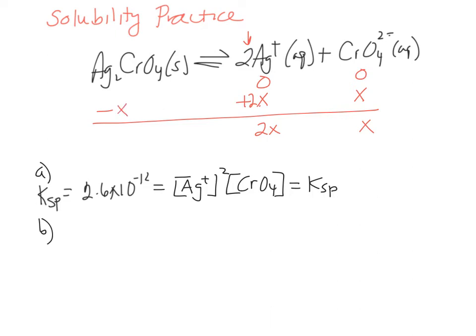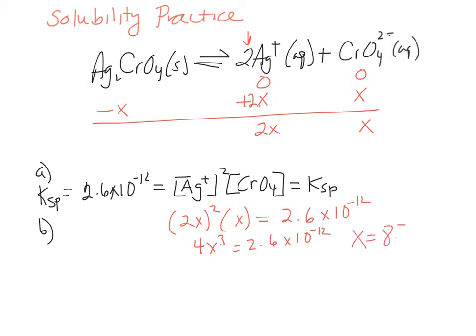So for part B, we're going to say that 2x squared times x has to equal our KSP, 2.6 times 10 to the minus 12. So we get 4x cubed equals 2.6 times 10 to the minus 12. And you get x is equal to 8.7 times 10 to the minus 5 molarity.